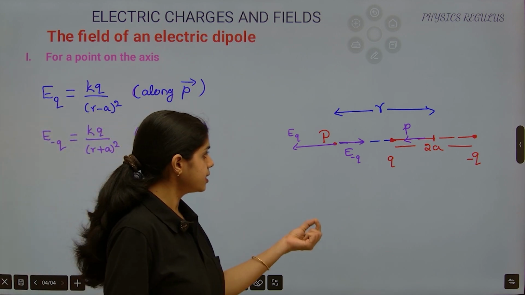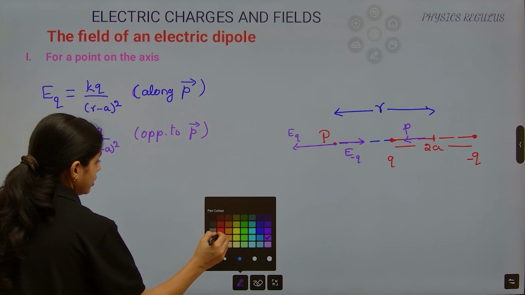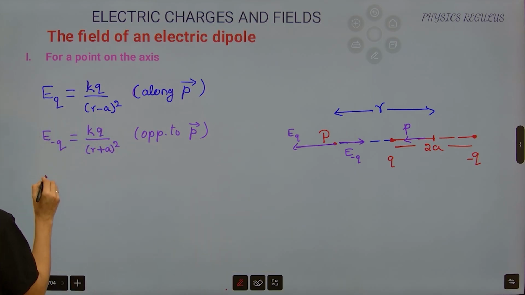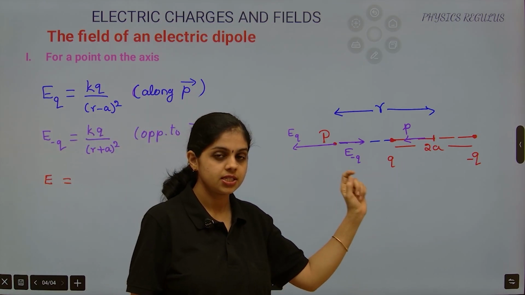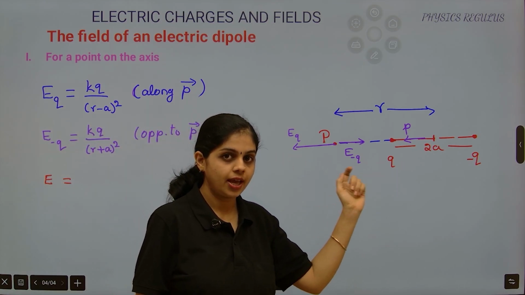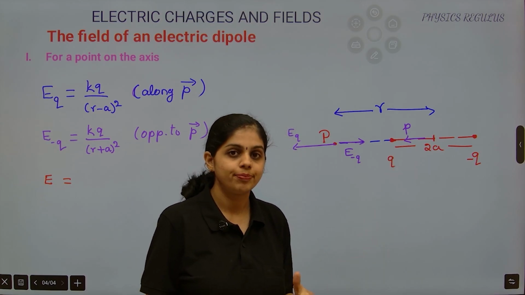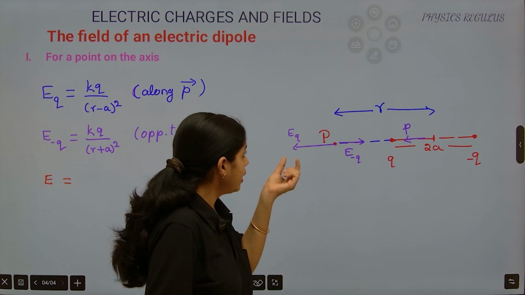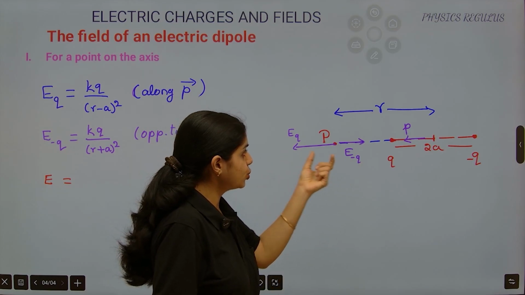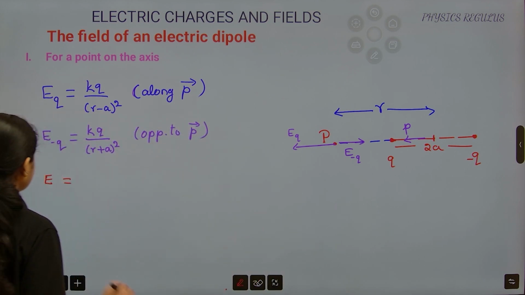Now find the resultant electric field at point P. Since point P is on the axis of the two charges, you can simply add or subtract to get the resultant. Here E_Q and E_minus Q are in opposite directions, hence we should subtract.